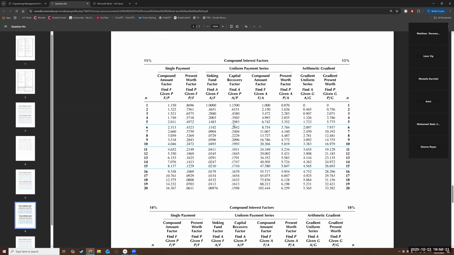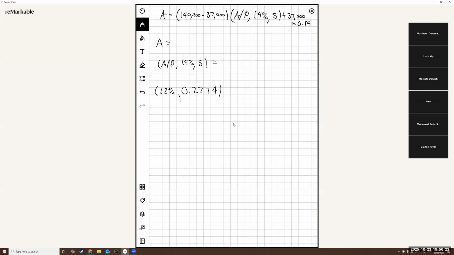It's 0.2983. This is for 15%. So if I have this value at 12% and this value at 15%, I should be able to calculate mathematically what would be the approximate value at 14%.